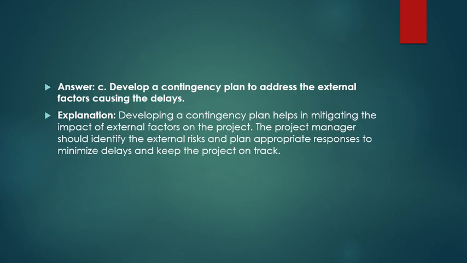Answer is develop a contingency plan to address the external factors causing the delays. Developing a contingency plan helps in mitigating the impact of external factors on the project. The project manager should identify the external risks and plan appropriate responses to minimize delays and keep the project on track.